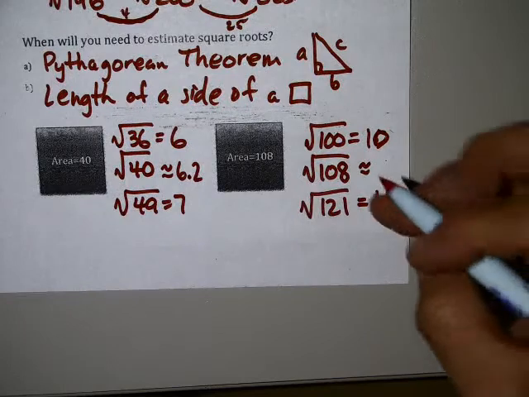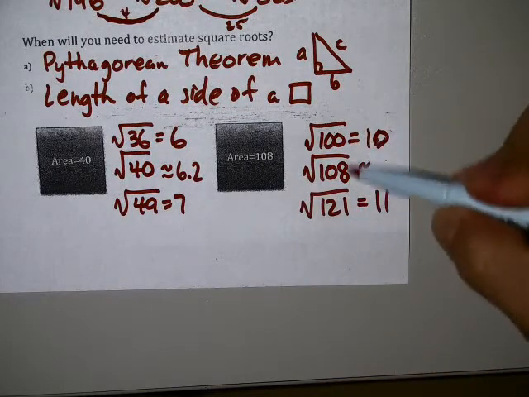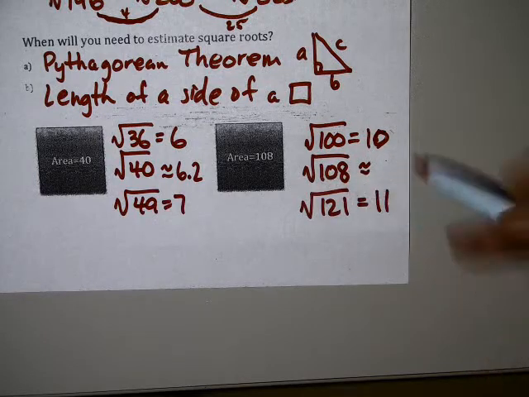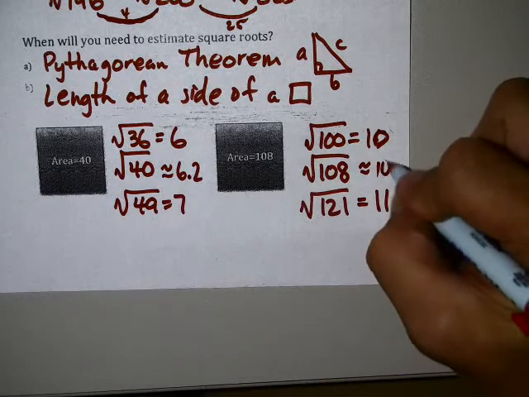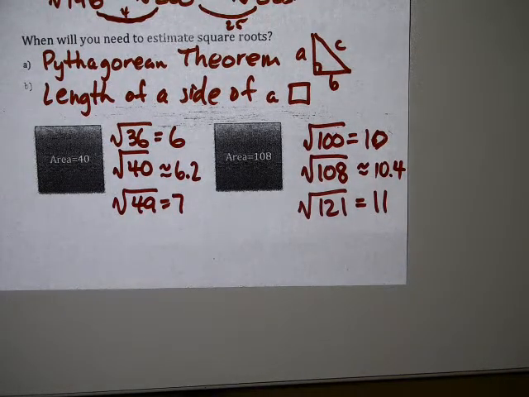So again, we're going to try and find the number that's as close to this as we can. Now, this one's closer to the middle, but about 110, 111 would be the middle. So if we estimated, this isn't quite the middle, it's a little bit lower than the middle, that's a pretty good estimate, 10.4. If we multiplied that times itself, we'd get a pretty close answer.